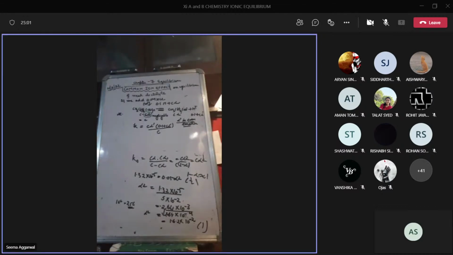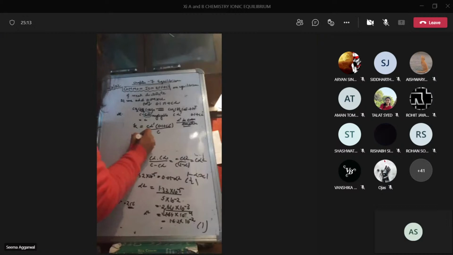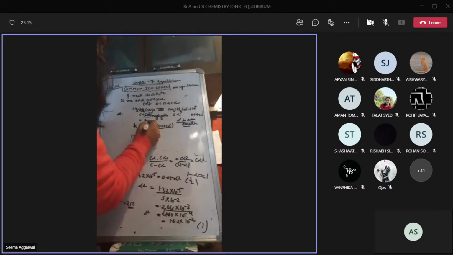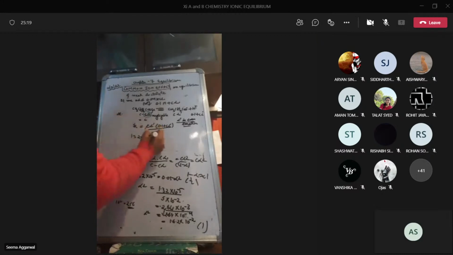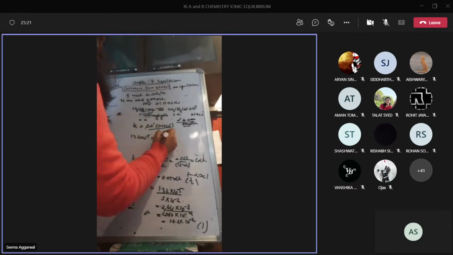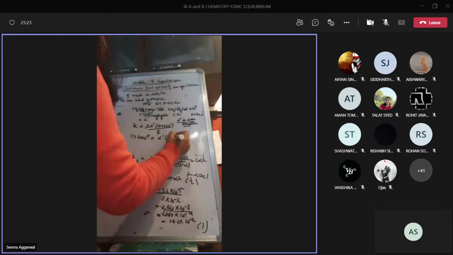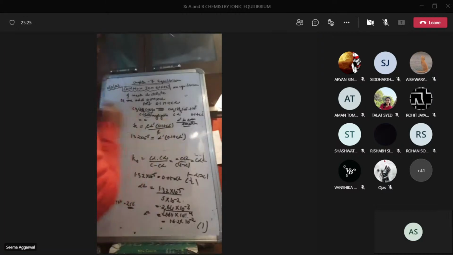Now what is the value of K? The value of K remains the same. The value of K is always the same. K was 1.32 into 10 to the power minus 5. C and C will get cancelled, as all of you know. So it is equal to alpha dash times 0.1 plus C alpha dash.